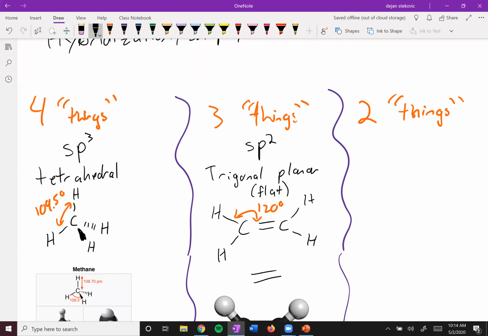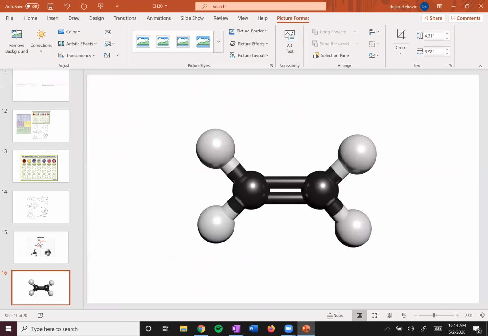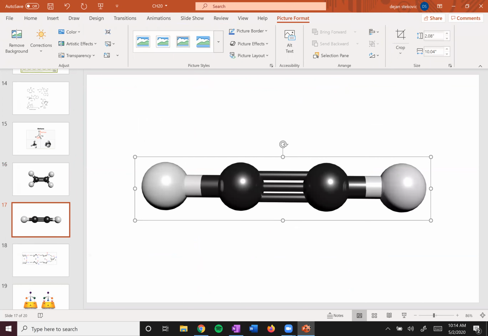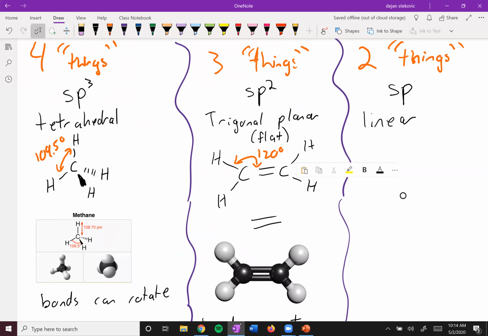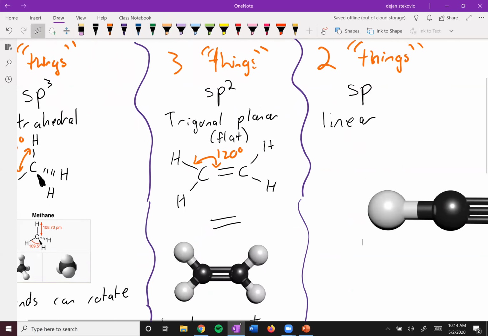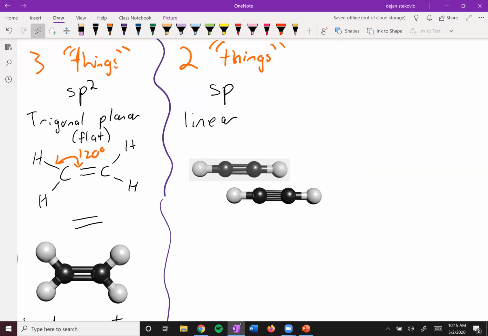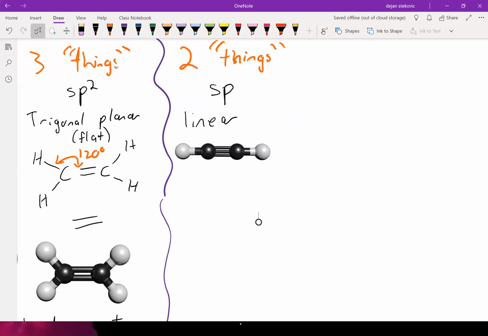And then finally, we just have 2 things. So we're only using 2 orbitals, so just sp hybridization. And so think back to Chem 101. This is a linear shape, linear. So there's the little ball and stick model of that.